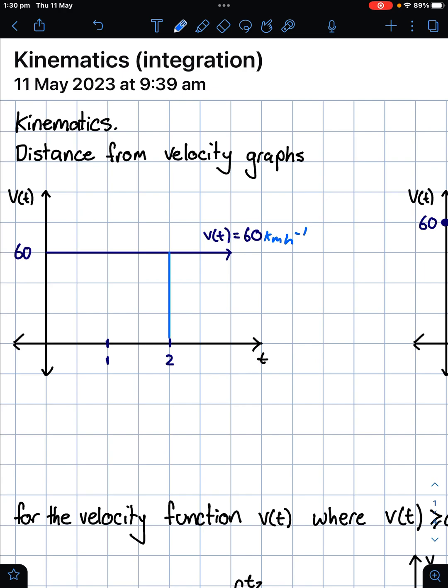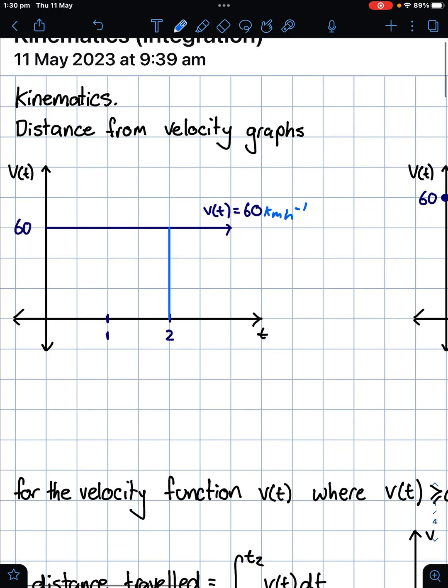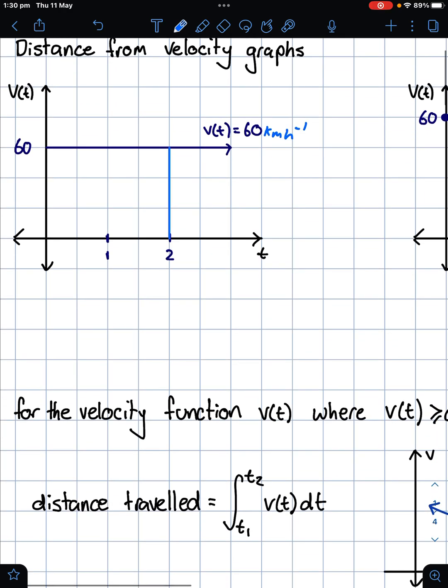If I do the integral of 60, which is my velocity function, with respect to time, going from time 0 to t, this ends up giving me a function, which is 60t, with a lower bound of t equals 0, or I should change that to the notation we're used to using.